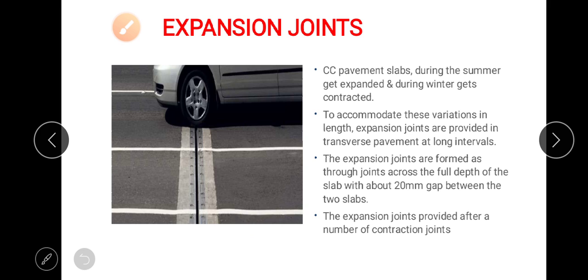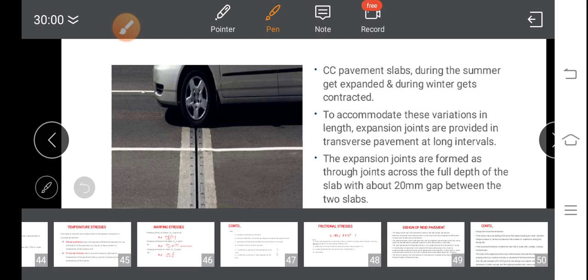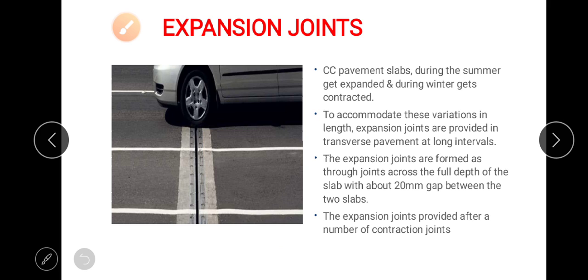Expansion joints. See how beautifully the joint is sealed using machineries. Equipment and machineries are deployed in order to seal these joints. The joints are sealed with bituminous material or any flexible material which is suitable for the temperature conditions, environmental or climatic conditions.